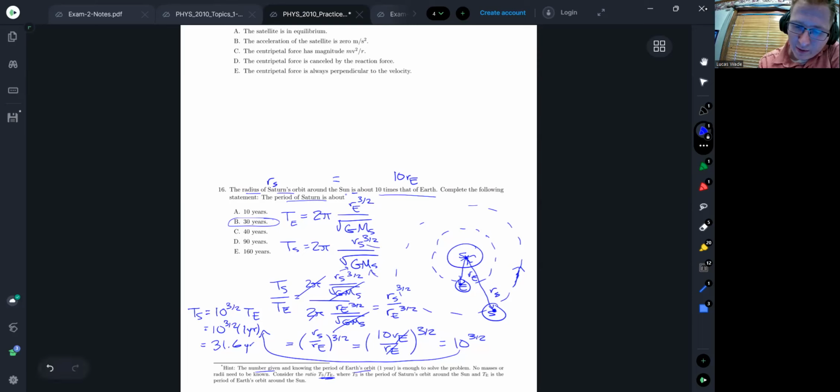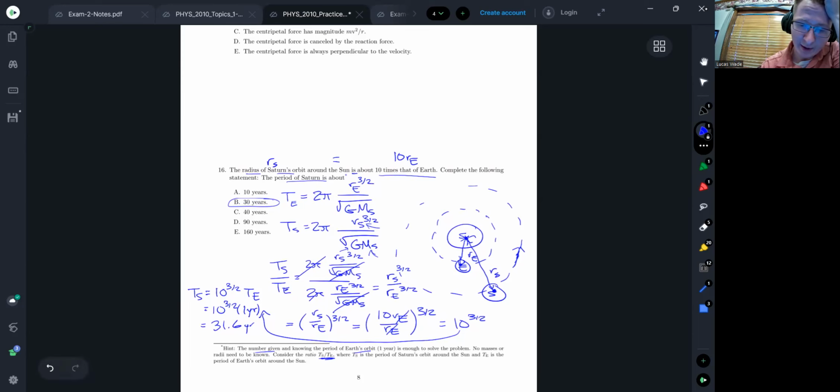And then if you knew the radius of Saturn's orbit, you could plug that in there and find the period of Saturn's orbit, and then see how that compares to Earth's. But by doing a little extra algebra, we actually save ourselves a lot of work on the calculator and trying to make sure we get all that right. And in fact, since we didn't know the radius of Saturn's orbit, all we were given was how it compared to Earth's. The only way we could solve this problem was this ratio.